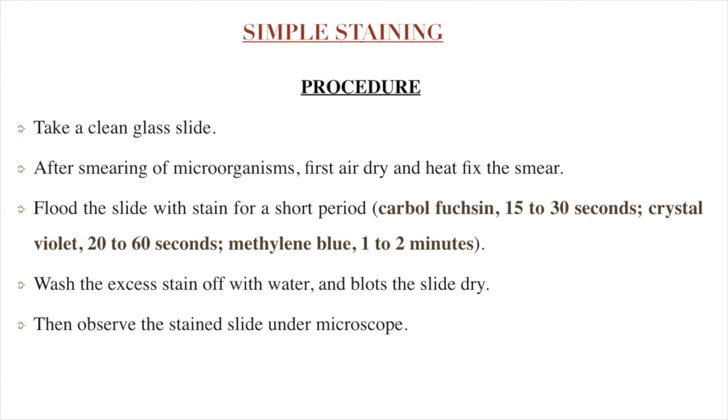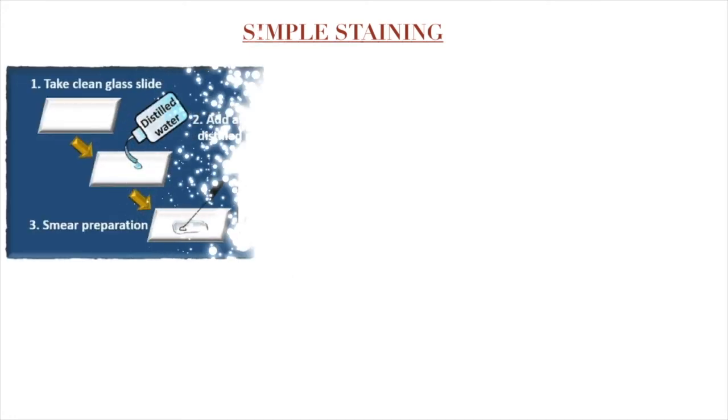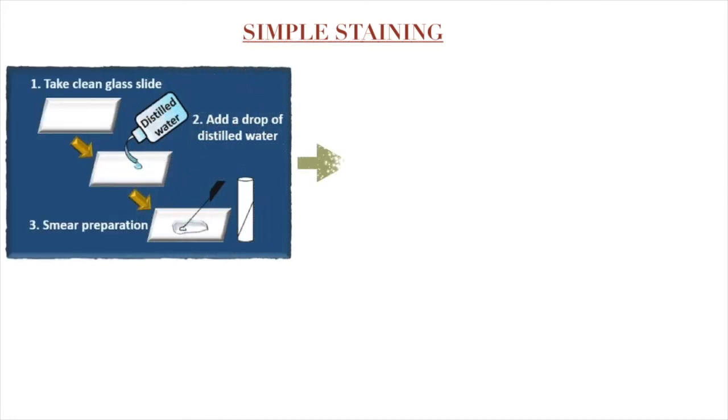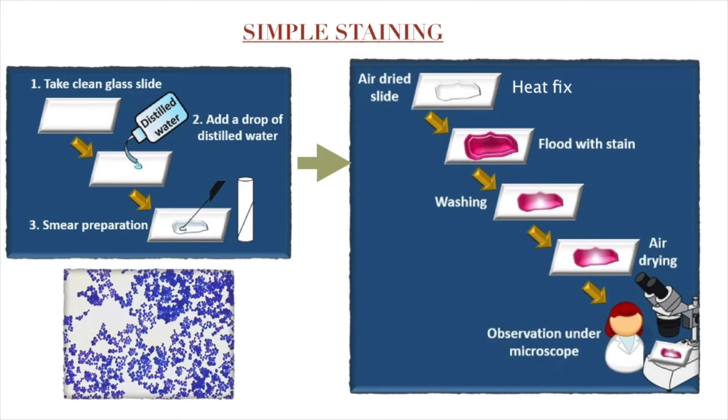After air drying, the slide is observed under the microscope. And this is the schematic diagram of the simple staining technique. First you have to take a clean glass slide. If you are using a liquid culture, you have to take one inoculation loop of culture or 1 or 2 drops of the culture and make a thin smear.